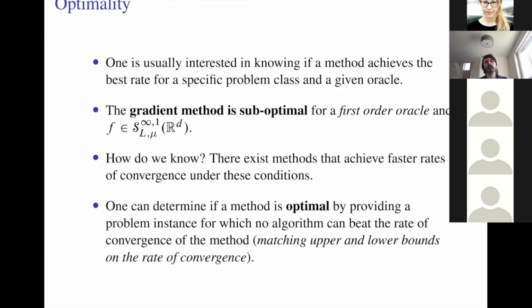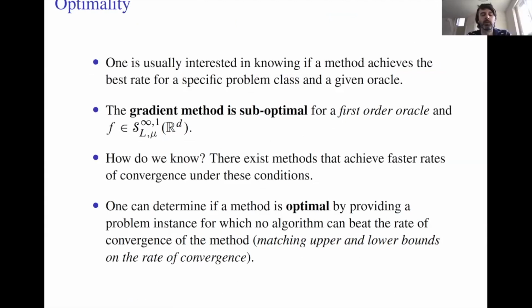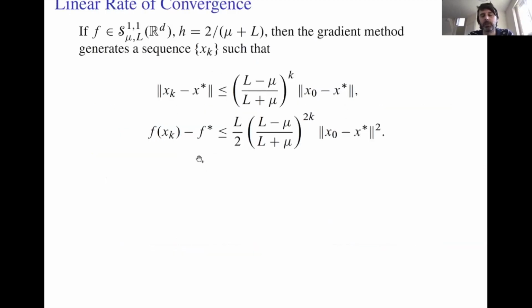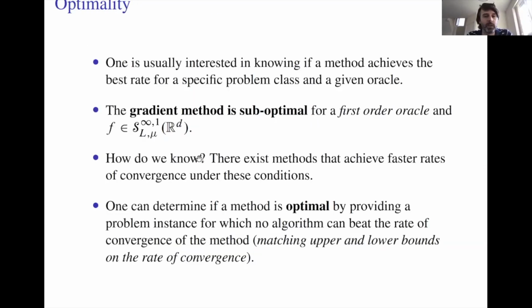I also wanted to quickly say something about optimality of methods. Generally you're interested in finding, for this particular black box setting, the best possible method, for instance the best possible method that makes use of a first order oracle. The gradient method is actually not optimal, so it's a suboptimal method. For that, I'll refer you to the book. It's actually not too difficult. You can compare the rates derived on this page with the rates that other methods achieve.